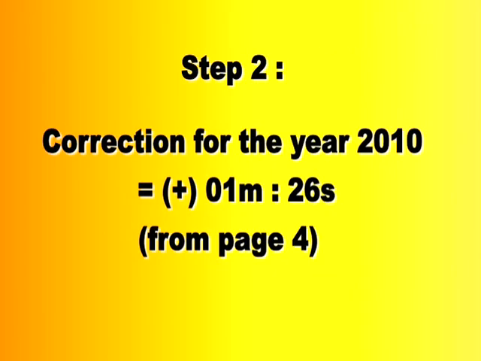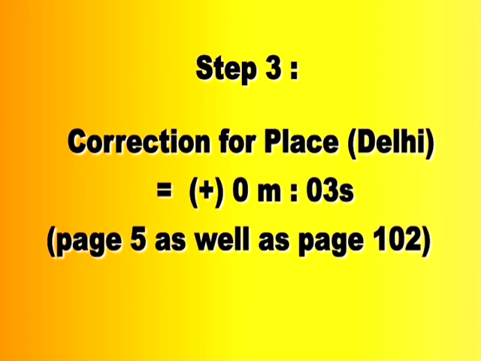In step 2, we have to apply the correction for the year 2010 taken from page 4, which is plus 01.26 minutes. Step 3, correction for the place of birth, Delhi, as per page 102, which comes to plus 0 minutes and 03 seconds.